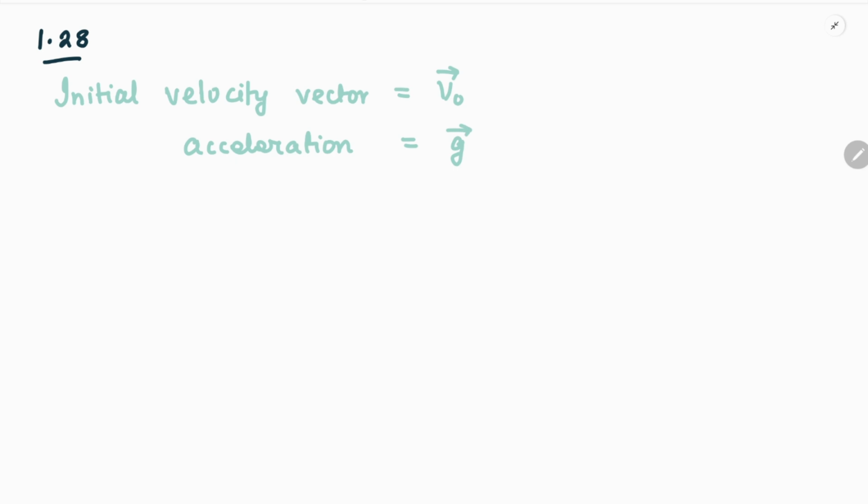So the position of the particle as a function of time can be written as v0 t plus half g t square. This is the answer to the first part, the displacement of the body as a function of time.